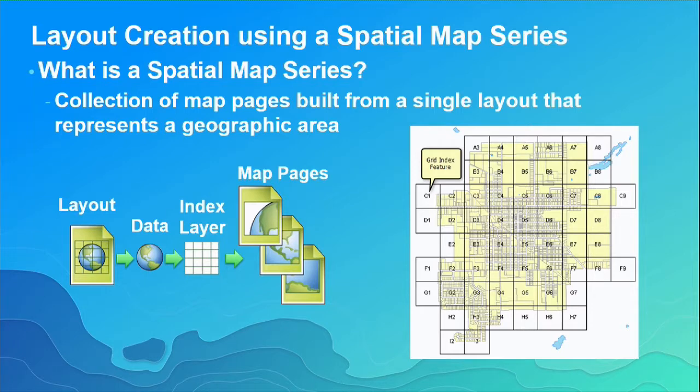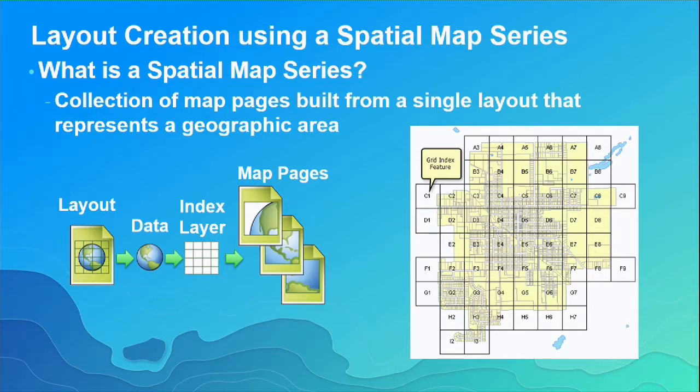First of all, some people might not be familiar with the spatial map series. This is a collection of map pages that are built from a single layout that represent a geographic area. In the future, ArcGIS Pro will also provide a timed map series that will go through your map series by time.